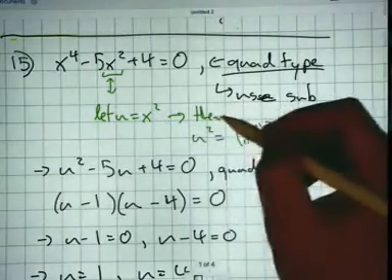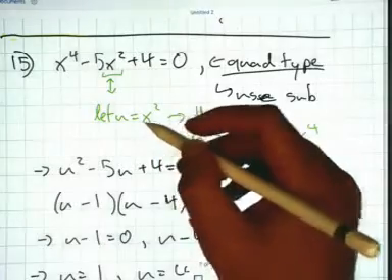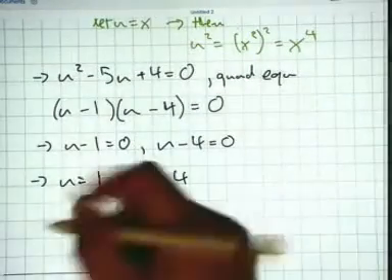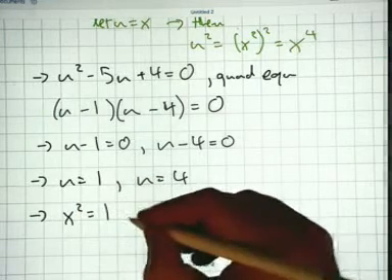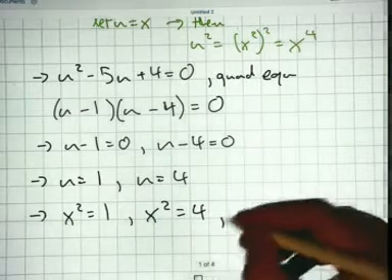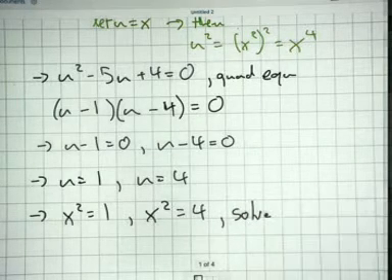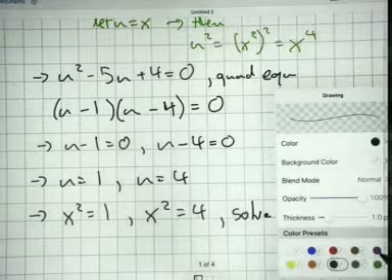So we're going to recall, what does u equal? u equals x squared. So x squared is equal to 1, x squared is equal to 4, and now we're going to solve for x.